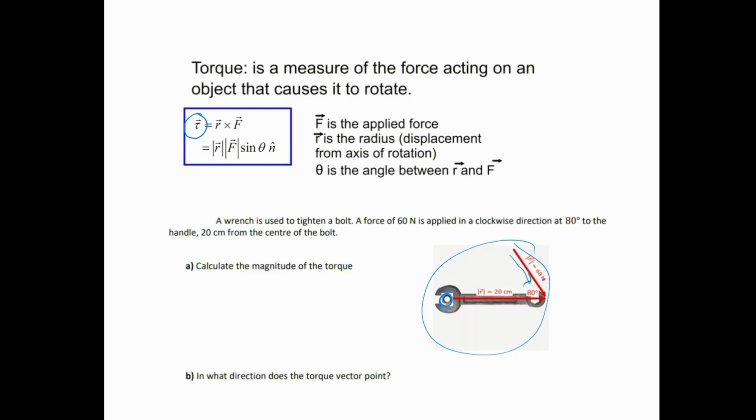So that's the force that's being applied. The R in this case represents the arm, and that's the radius or the displacement from the axis of rotation. And here is my axis of rotation. So there's my axis of rotation. And the R is the arm length or the radius, and it points from the axis of rotation out to where the force is being applied.